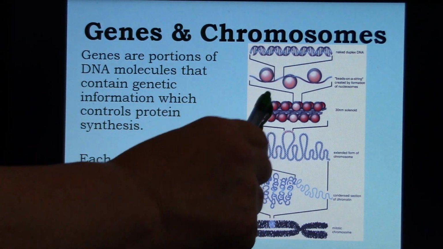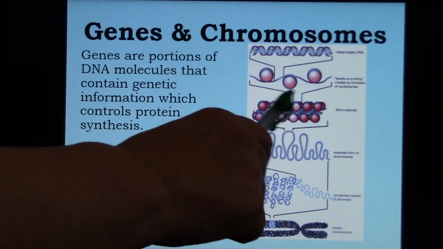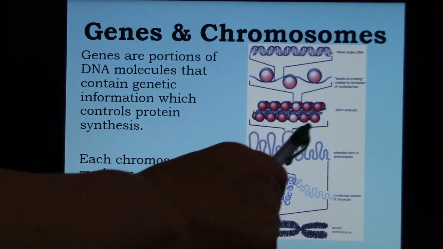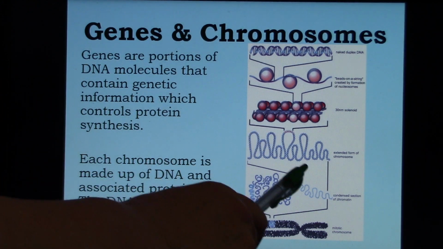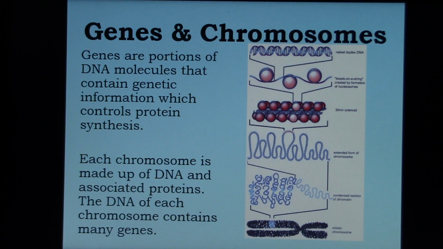And basically what it does is it wraps around these proteins. In eukaryotes, they're histone proteins, wraps even more until you see the familiar representation of chromosomes.